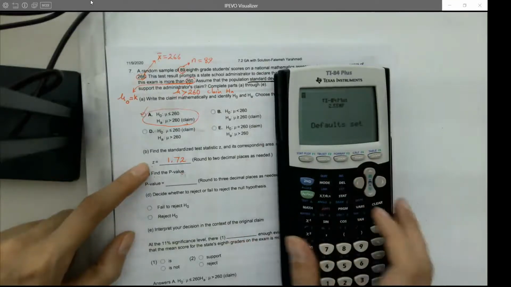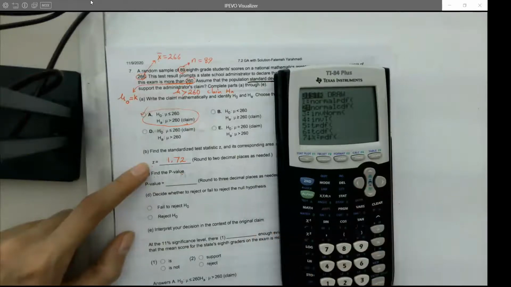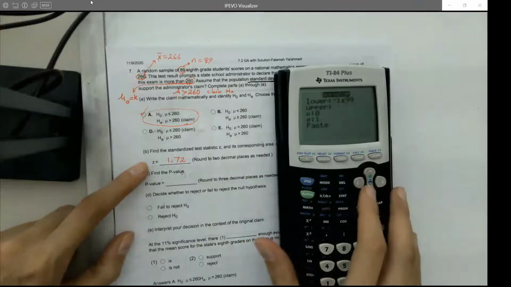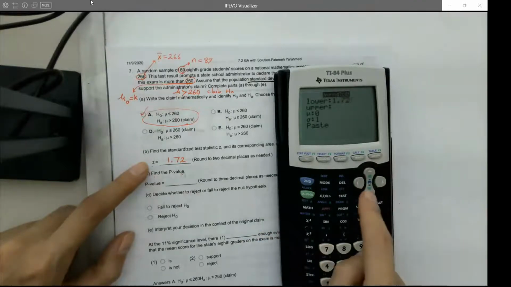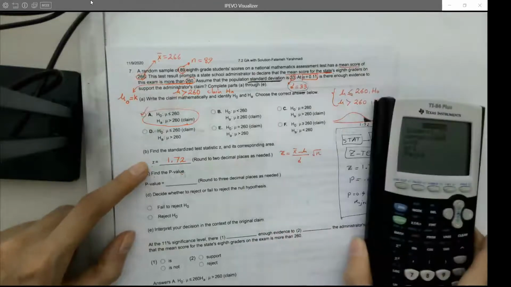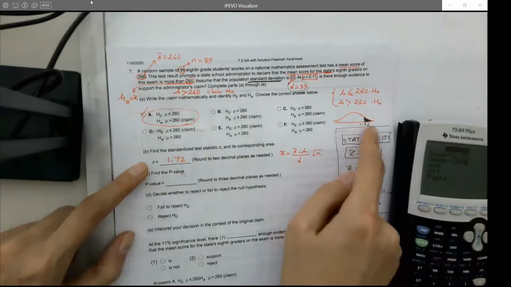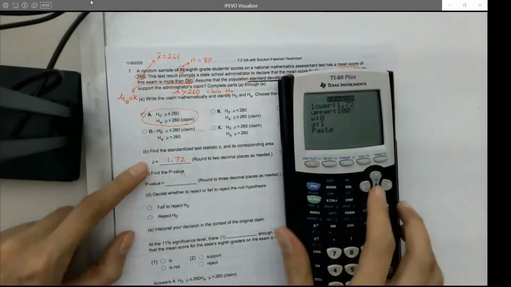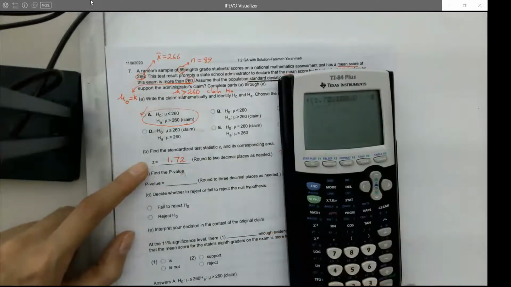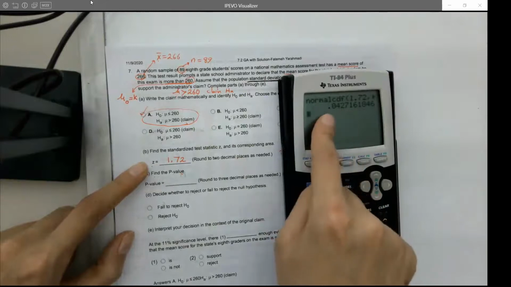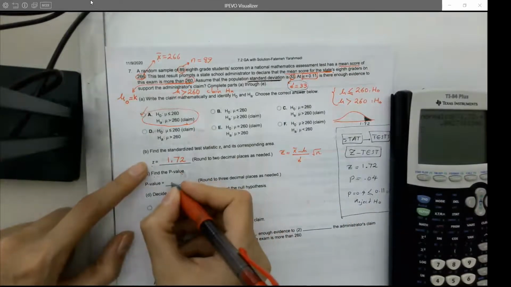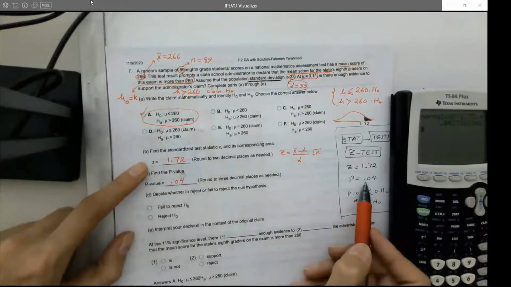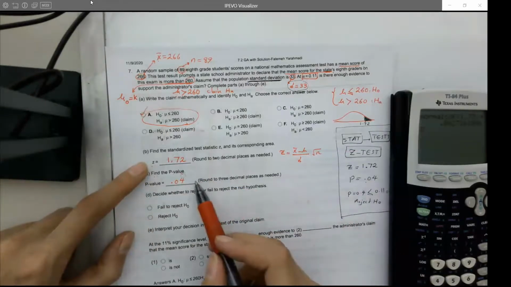Okay, one more time: second, distribution, normal CDF. We have our z and we find the area, so the lower limit is 1.72 and the upper limit is 100. Note that it's the area to the right. Mu is 0, standard deviation is 1, paste. We get 0.04. As you can see, they are the same.